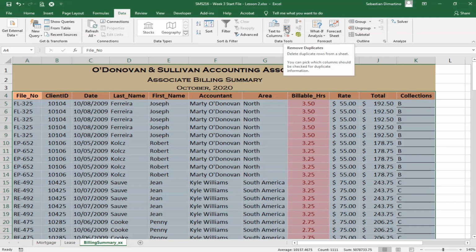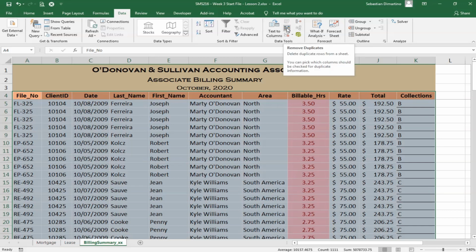Depending on your screen resolution, it may say Remove Duplicates, or it may just give you a little icon like this. Little icons always create difficulty in trying to find them, so just be careful, look for the icon, and you should be okay. It's under the Data Tools.